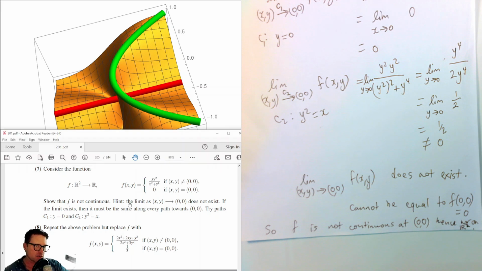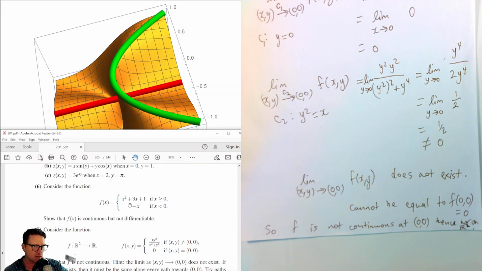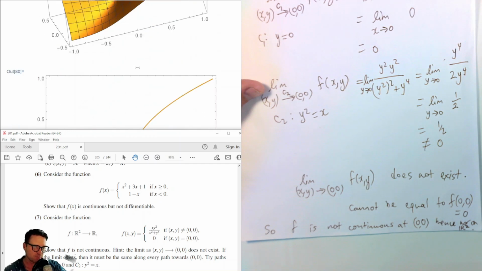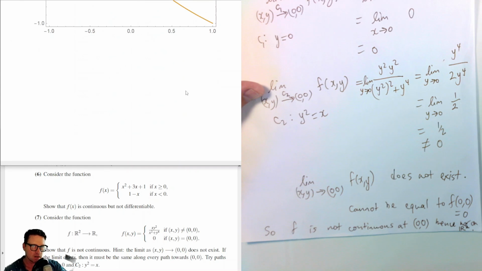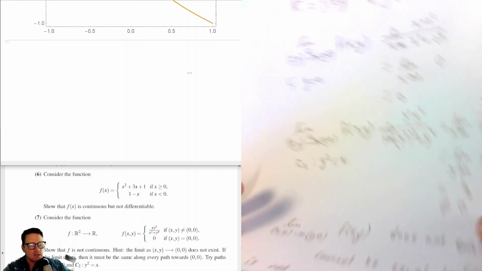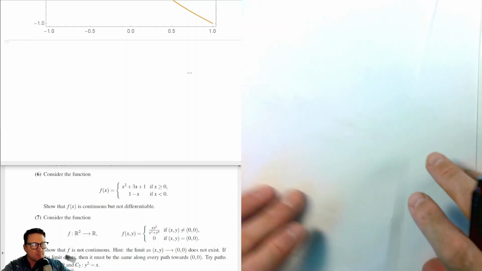All right, so now I want to go back up and have a look at the one variable function f of x equals x squared plus 3x plus 1 if x is greater or equal to 0, and 1 minus x if x is negative. So let me just go ahead and plot this for you. To do that, I need to put in a conditional or an if. And let's get some clean paper, turn that over.